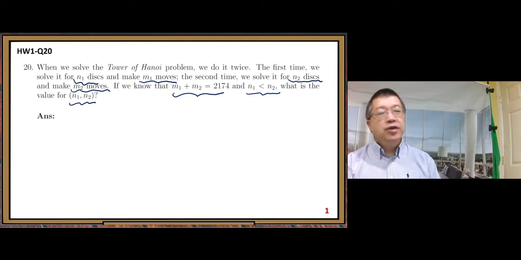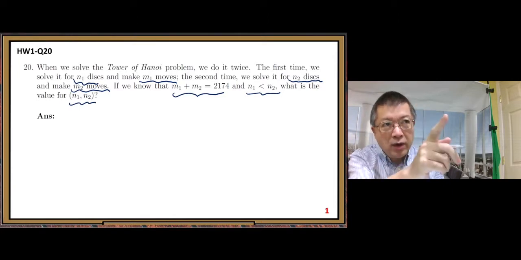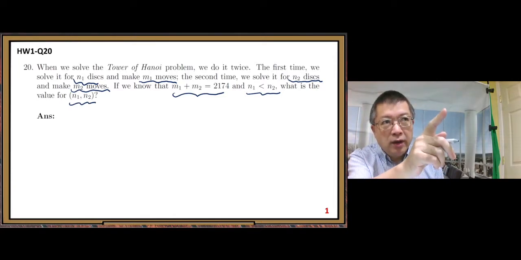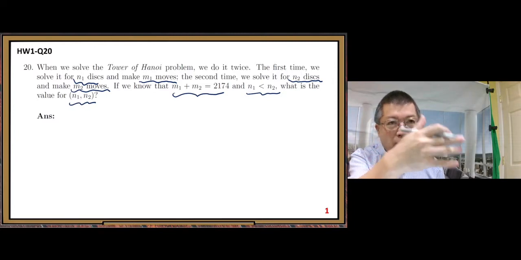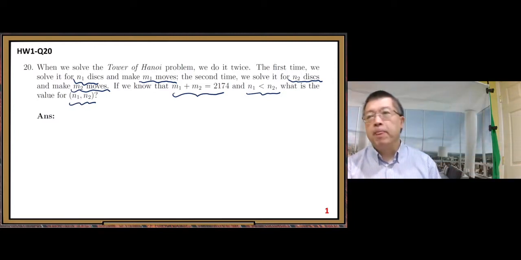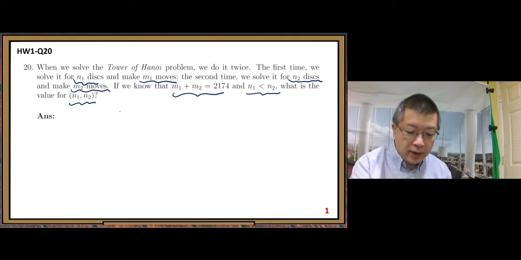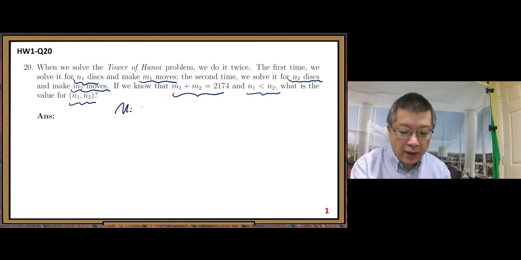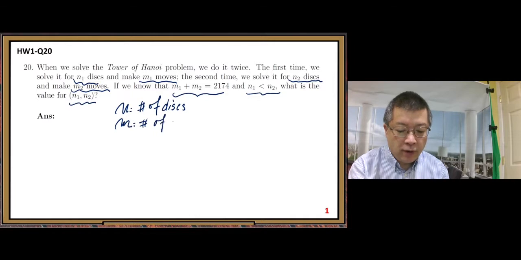So this question is not very hard. You only need to use the formula for the relationship between N and M. Let's use N as the number of disks and M as the number of moves.